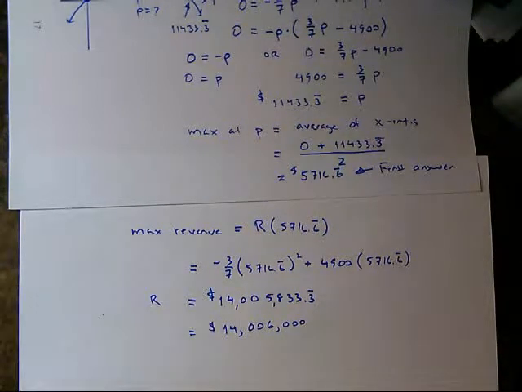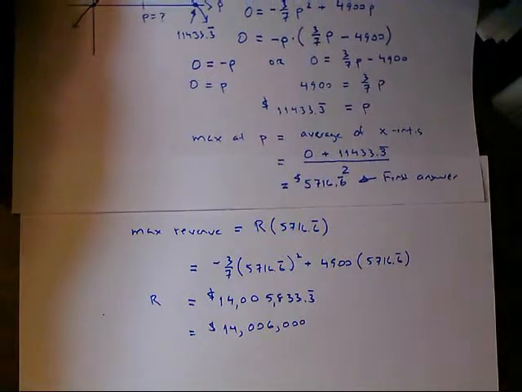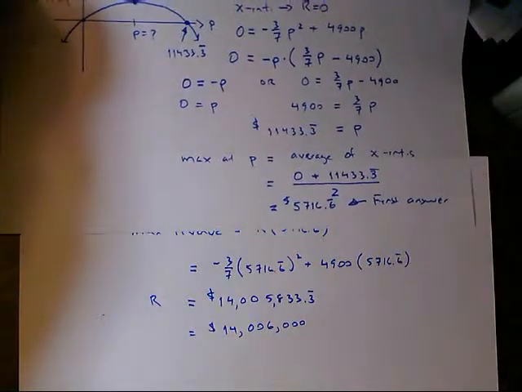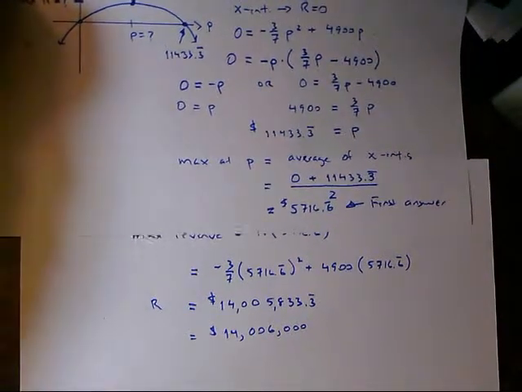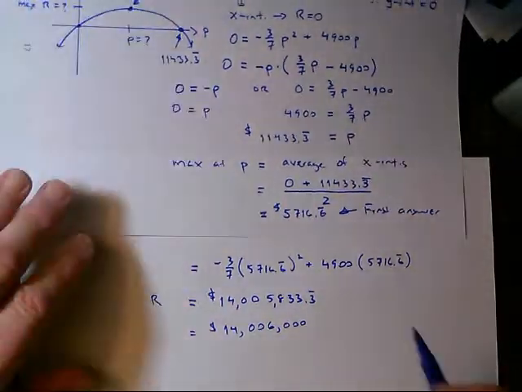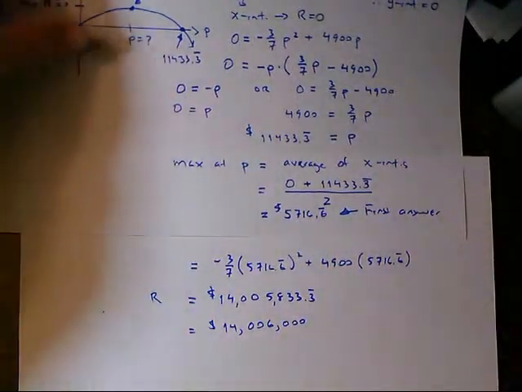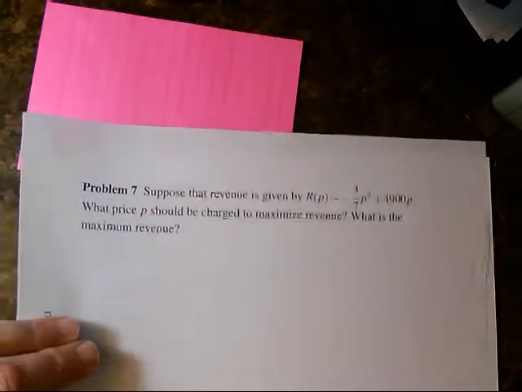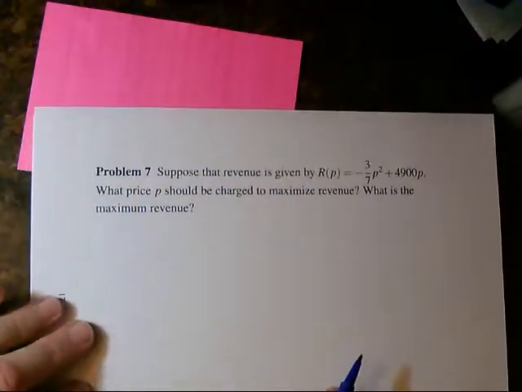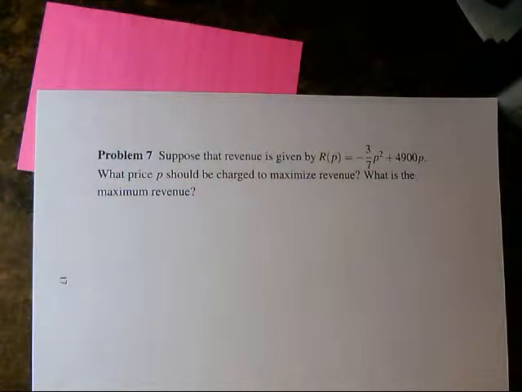Okay, now there's another way to work that problem, and it involves using the vertex formula to find the value of P that we found here. So I'm going to back up to the very beginning, and I'm going to pretend that I haven't done it the first way.